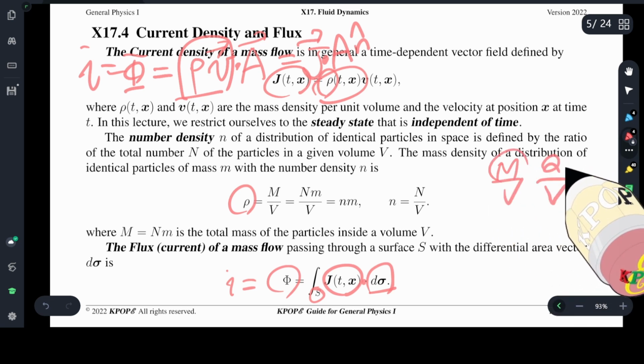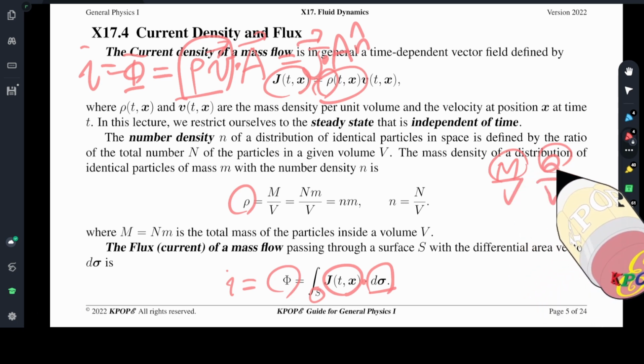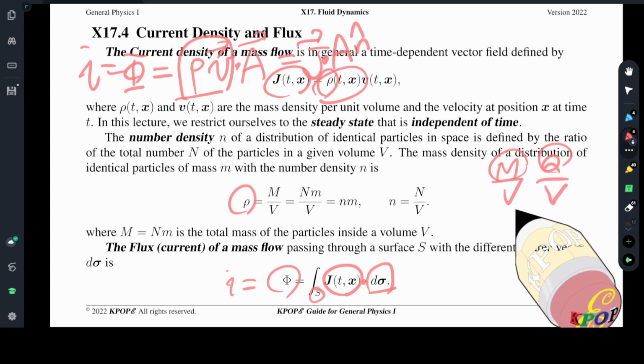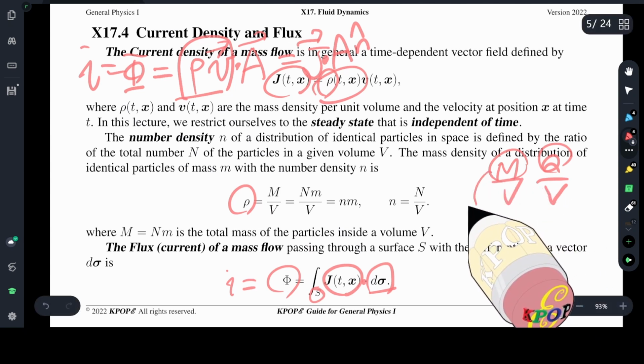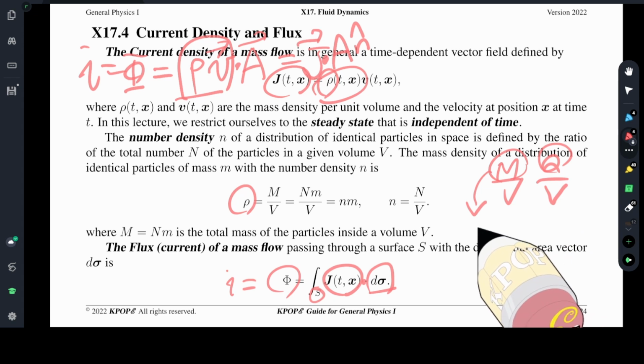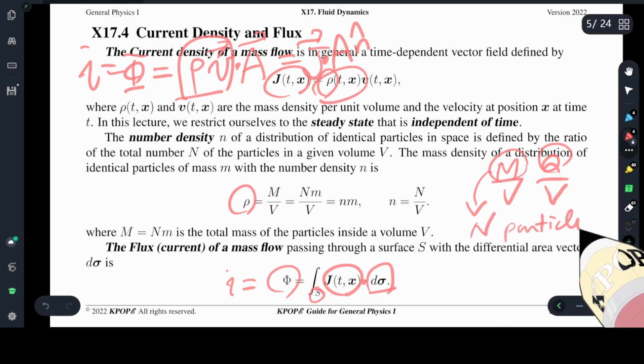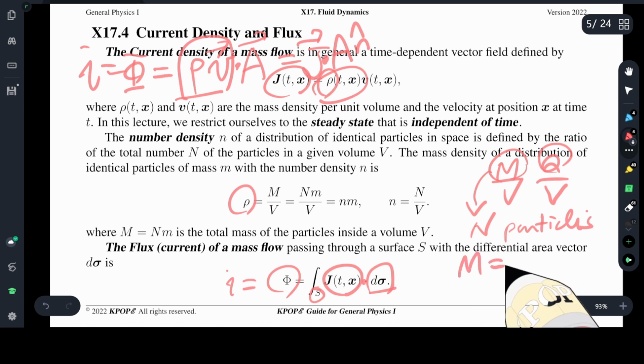And mass or charge may consist of many identical particles. In that case, if there are n identical particles, then m is n times the single particle mass.